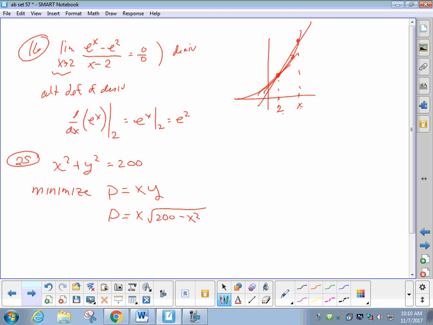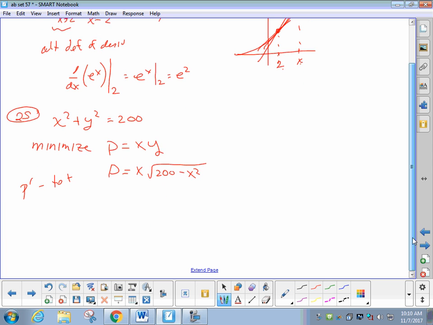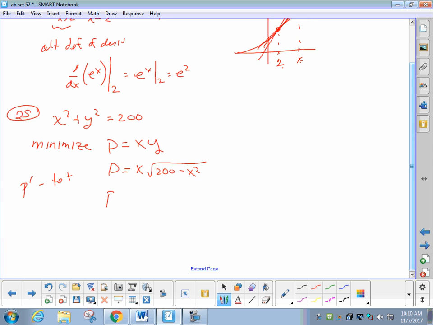So to minimize this, I need to know where p prime goes negative to positive, where it stops decreasing and starts increasing. So let's go with this.